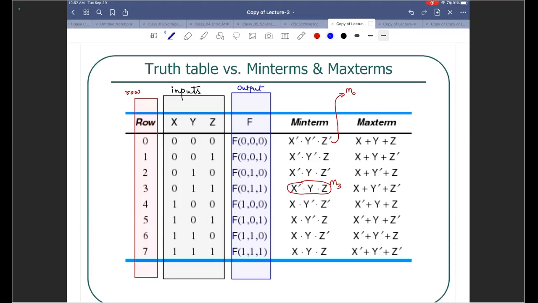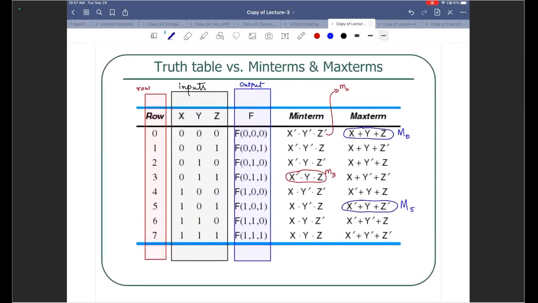And let's do max terms. What is here? Max term is capital M subscript 5. What is this guy? Capital M subscript 0 and so on, right? So you have got a relationship between a minterm and a max term that needs to be explicitly mentioned here.